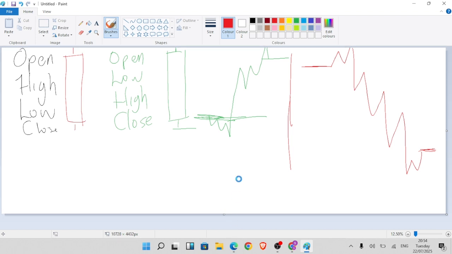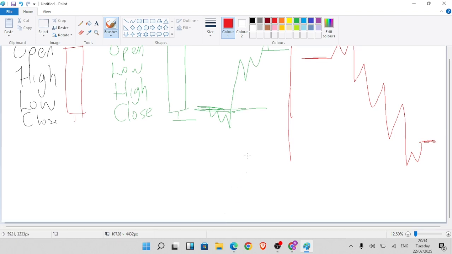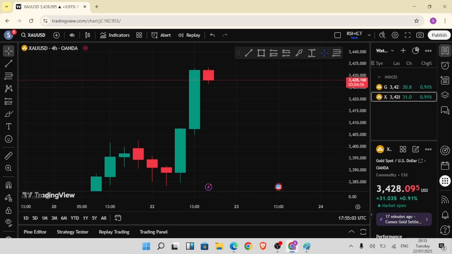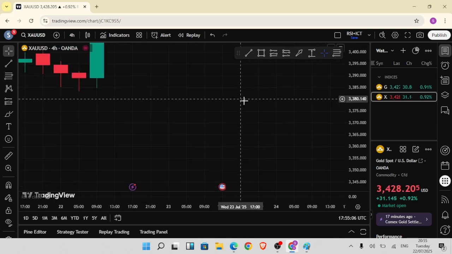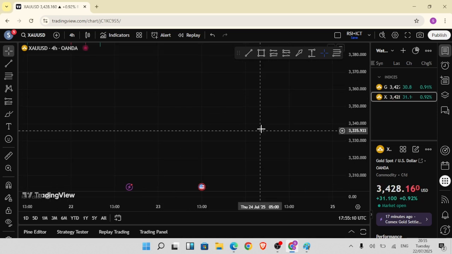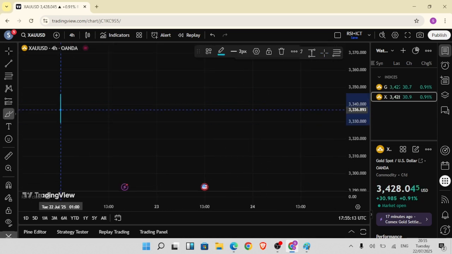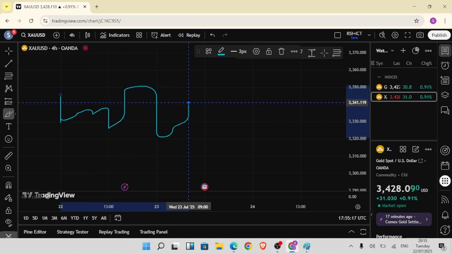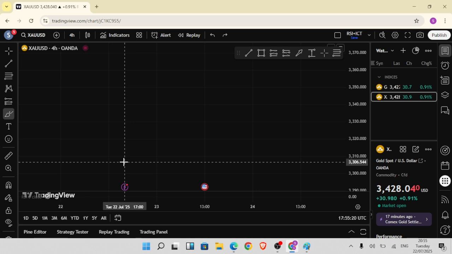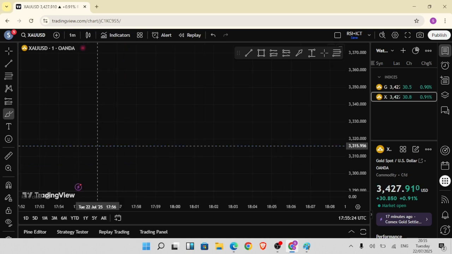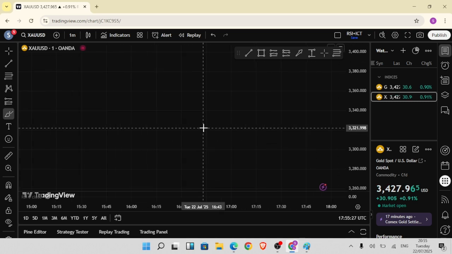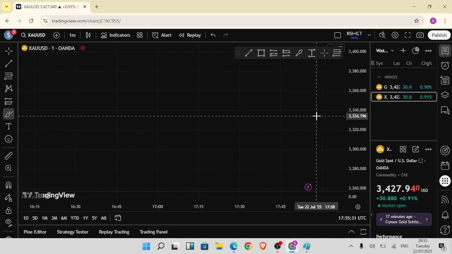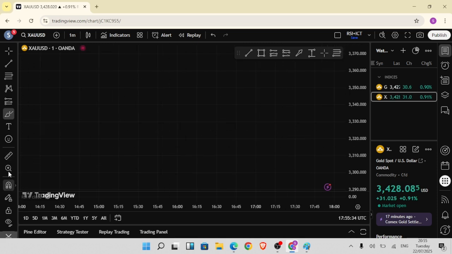Now, in a situation where we have a bearish candle forming, let me switch to the lower time frame. It is quite slow, but it is okay.